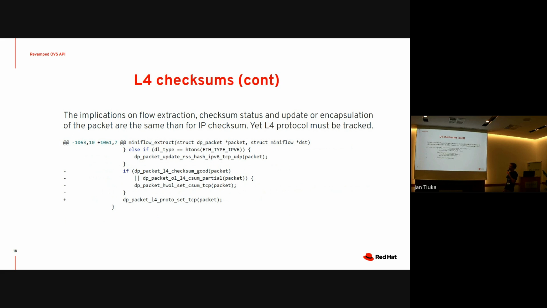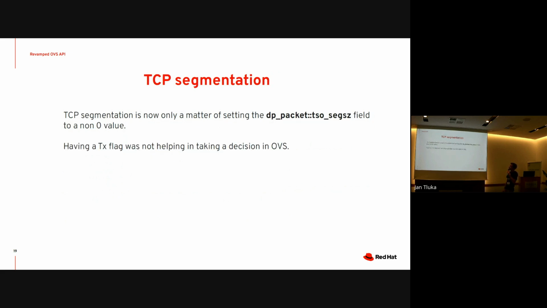It's simply to avoid reparsing the packet at a later time, so we have this little bit that is set as part of the offload field. Finally, the TCP segmentation. We had two pieces of information in the packet: the segmentation size and whether we need to do a segmentation. Actually, we don't need this information, so it was removed as well.